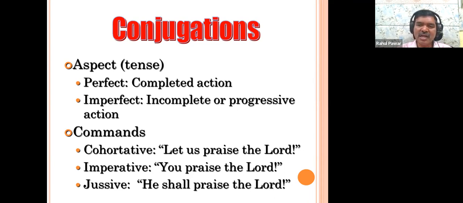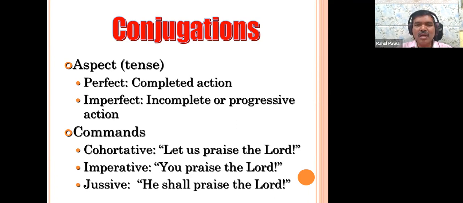It can be translated as I was killing, I am killing. In your workbook, the translation will be I killed, or if it is a perfect tense, katalti, then the translation will be I killed, I kill, or I will kill.